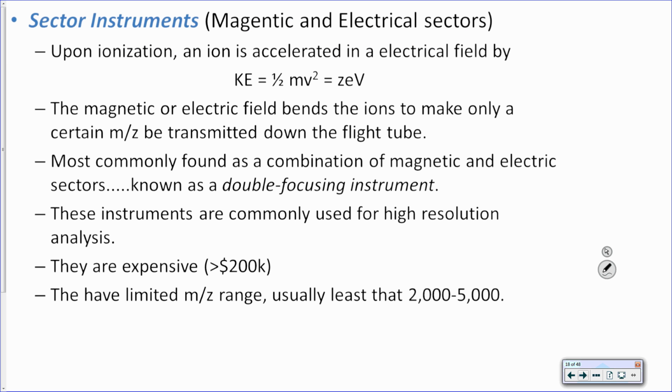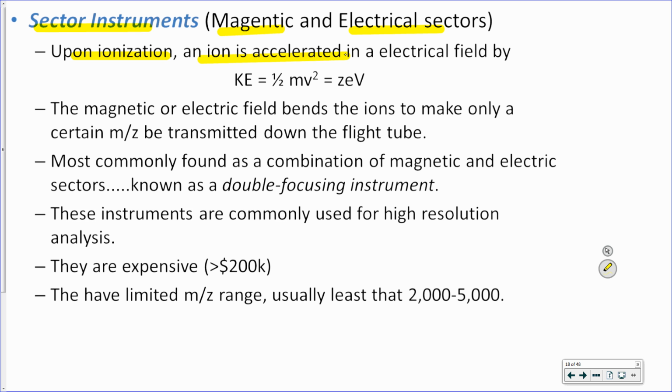So the first instrument created was called a sector instrument, and the first one actually used magnets. Sector instruments use combinations of magnetic and electrical sectors to resolve the ions. You start with a neutral atom or molecule, you ionize it, and it creates an ion.